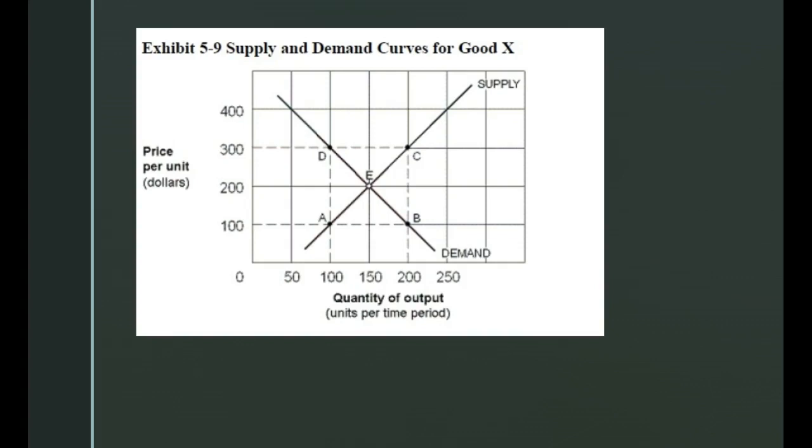Here is how we're looking at the price differences between points E and B, so that we can find out where that equilibrium is.